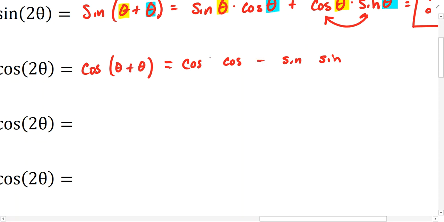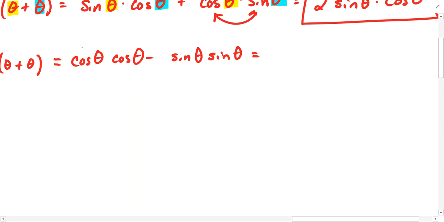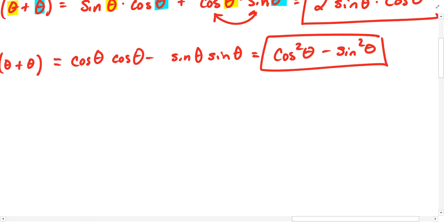With the addition sign here, we need the subtraction sign here. First angle measure was theta, second angle measure was theta, first angle measure was theta, second angle measure was theta. So if we simplify this, cosine times cosine is cosine squared, and sine times sine is sine squared. And this is the first form of the double angle identity.